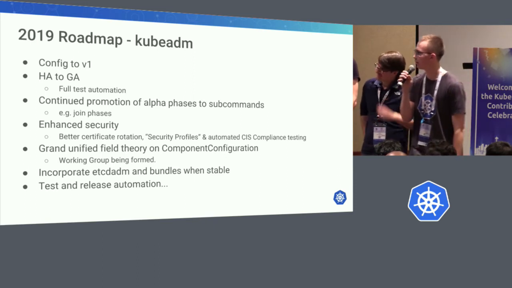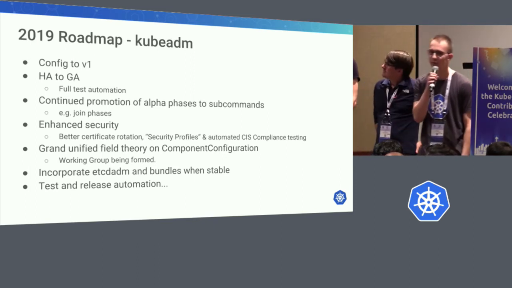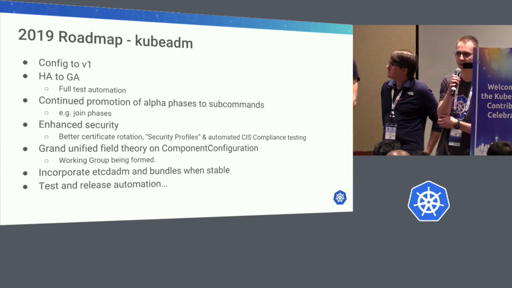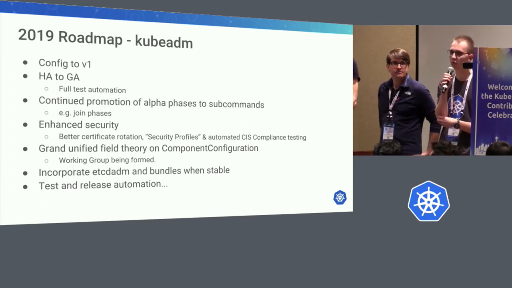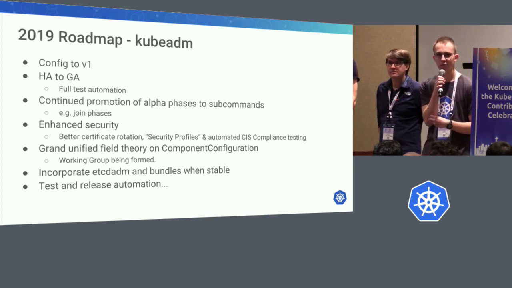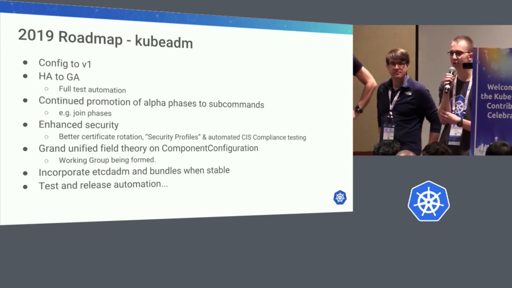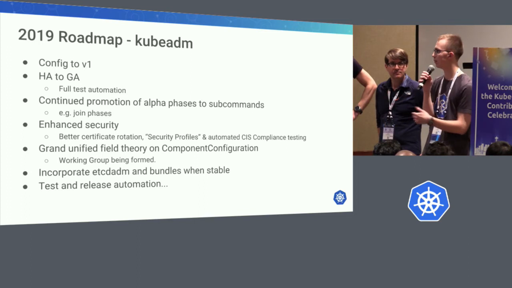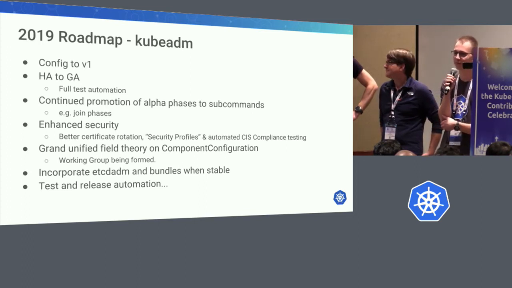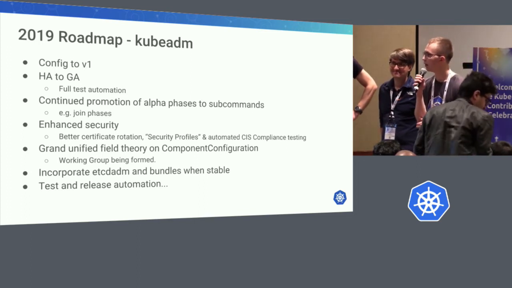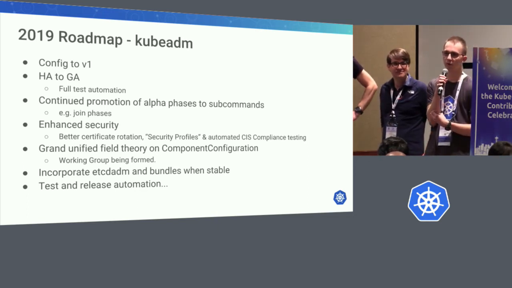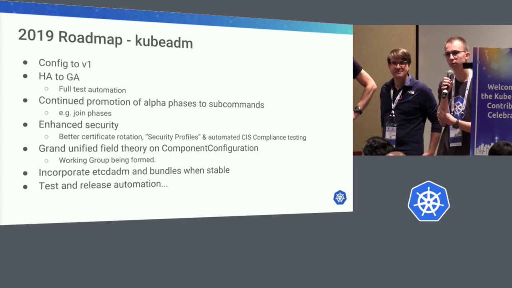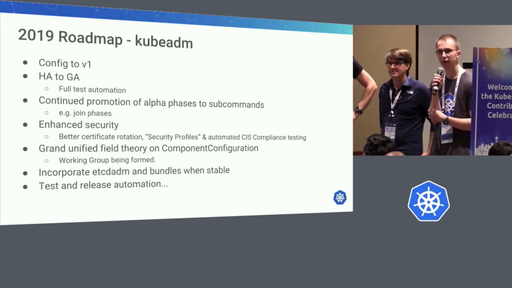Yeah, and well, now with kubeadm GA, our config is v1beta1. We don't expect any really large changes to that, so we're just going to go ahead and bump that to v1 in the coming year. Then we have added support during the year for kubeadm join --control-plane.